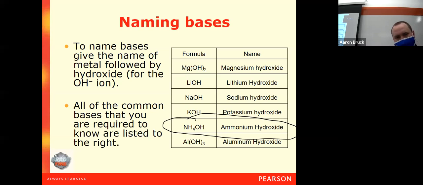Some of these have some pretty interesting uses. For example, sodium hydroxide, most of you probably know it better as lye. If you've heard your grandparents talk about using lye for doing different things, that is sodium hydroxide that they are using.